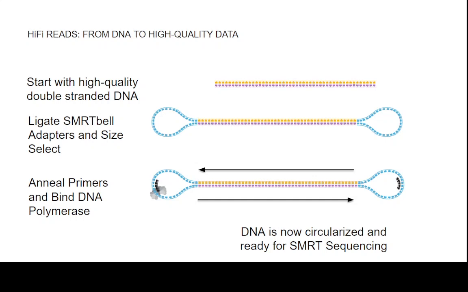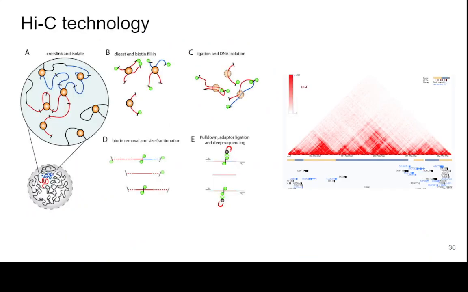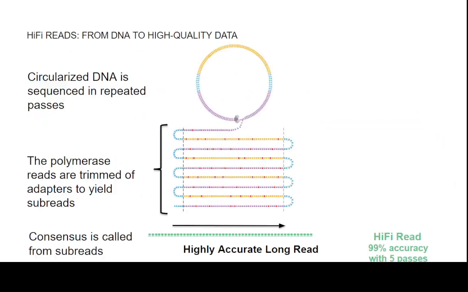Then the DNA gets circularized, and you perform repeated passes of sequencing and call the consensus over this set of reads, which produces very high quality reads, on average 20 to 25 kilobases. Still, these HiFi reads are not long enough to span repetitive regions like centromeres or rDNAs.